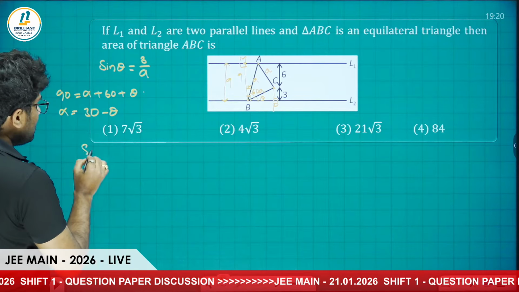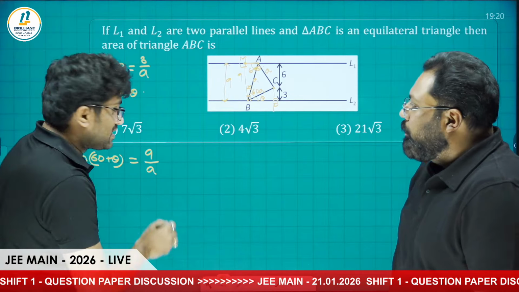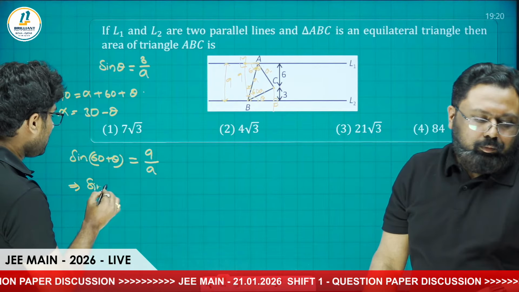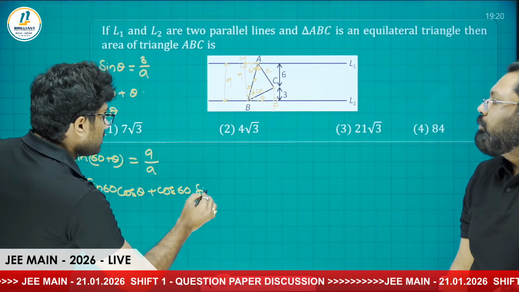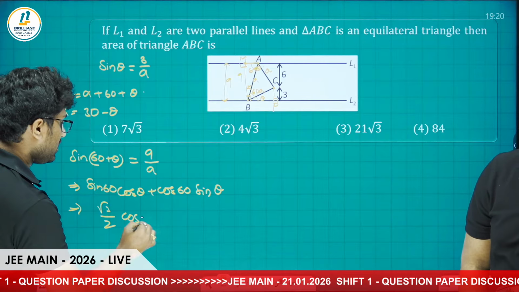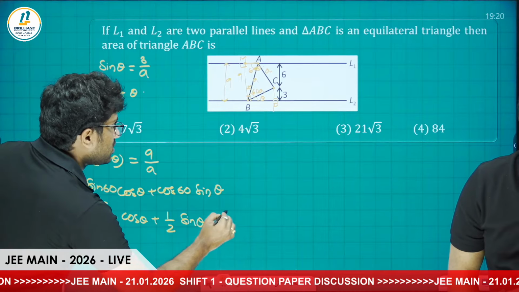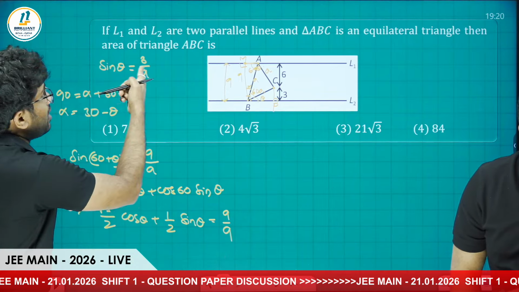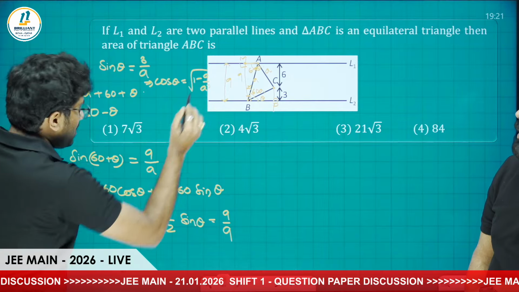Yeah. So sin of 60 plus theta will be opposite, which is 9, over hypotenuse, which is A. Now if we expand using sin of A plus B, sin A cos B plus cos A sin B: sin 60 is root 3 by 2, cos theta, plus cos 60, 1 by 2, sin theta, and this is equal to 9 by A. Clearly we have sin theta equal to 3 by A. So from there cos theta will be equal to root over 1 minus 9 by A square.